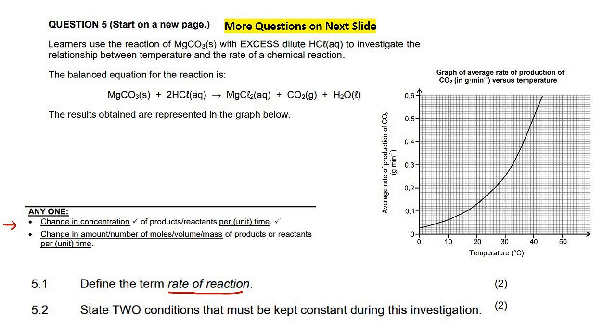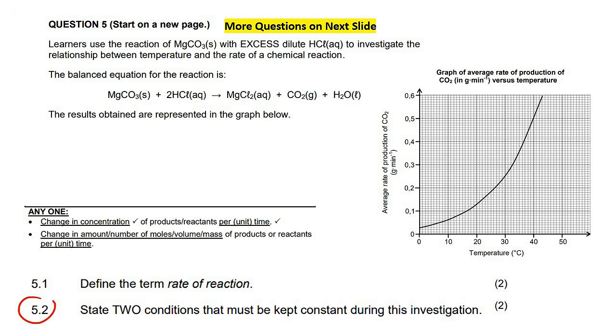The other option is that you say it is the change in the amount, or the number of moles. You could use volume, or you could use mass. You don't have to use all of those. They're giving you options. So you could say amount of moles of products or reactants per unit time. You can choose whichever one you prefer, but those are the different options that we can choose when defining the rate of a reaction.